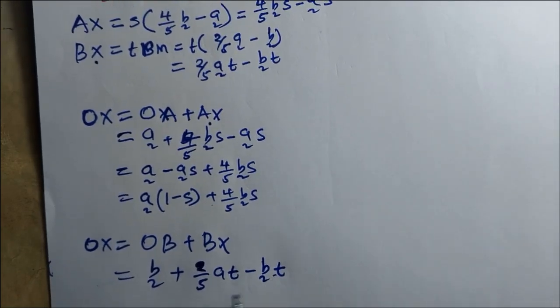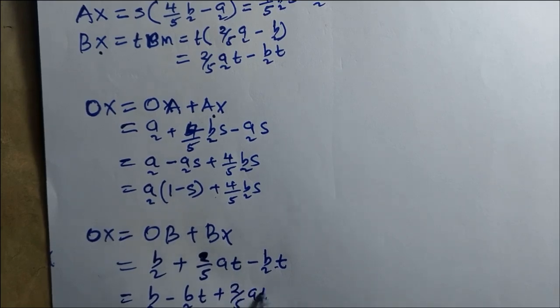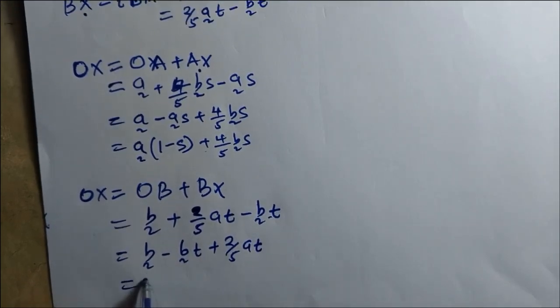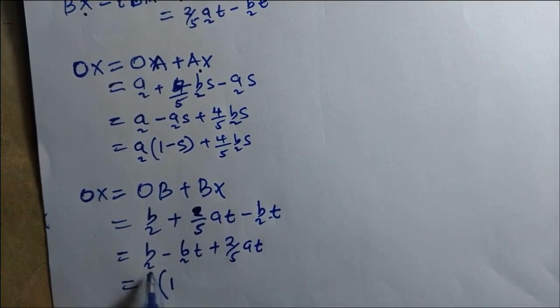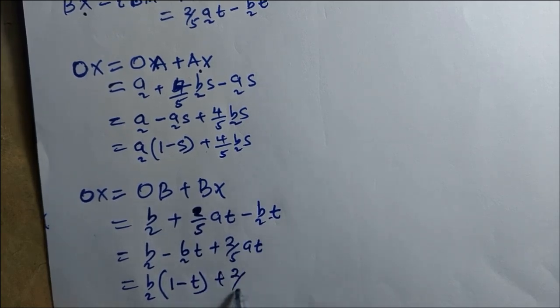So bring this one on this side so that we have B minus BT plus 2 over 5 AT, so that we can have this as B into 1 minus T, plus 2 over 5 AT.